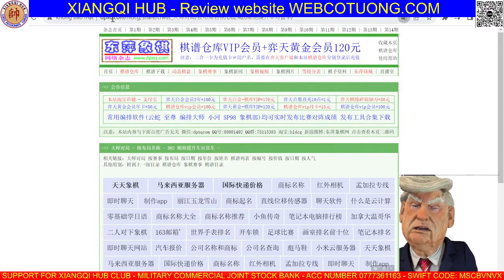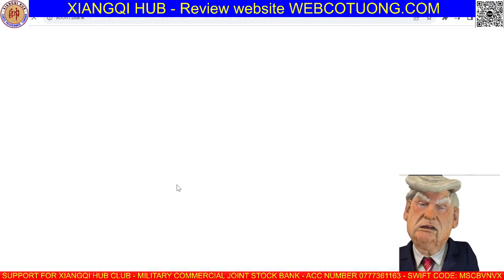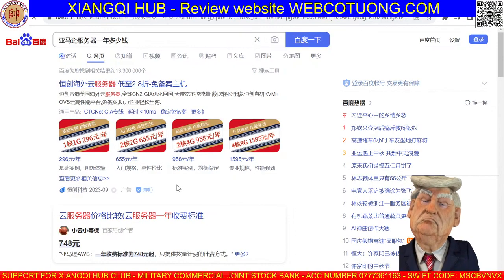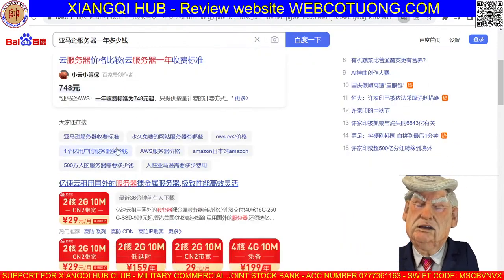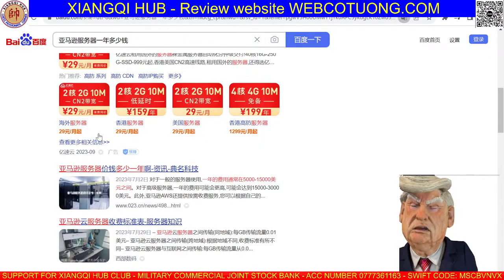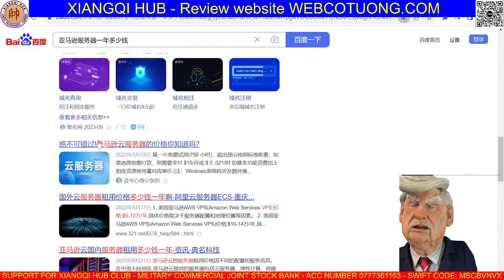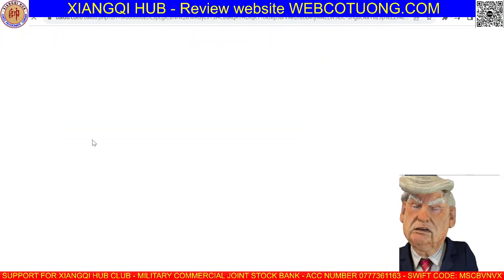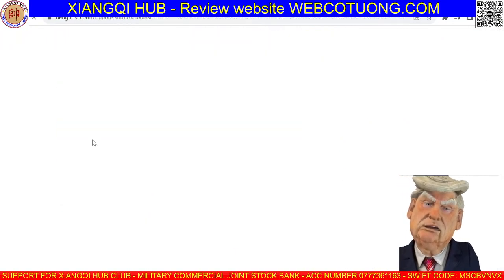So on China, dbsq.com chess, let's see it show up. So on China that I don't understand, but they're selling something here too. This is a search on Baidu in China.